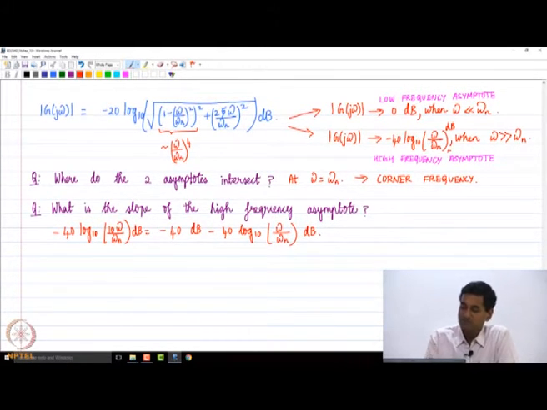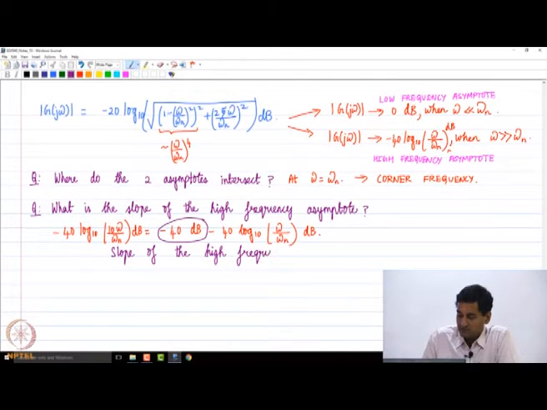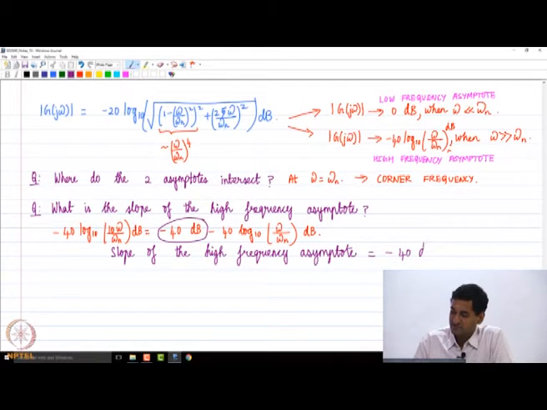So the slope of the high frequency asymptote is going to be minus 40 decibels per decade.